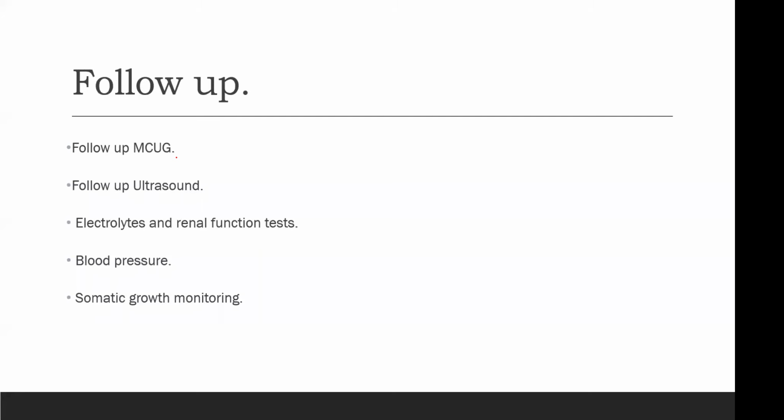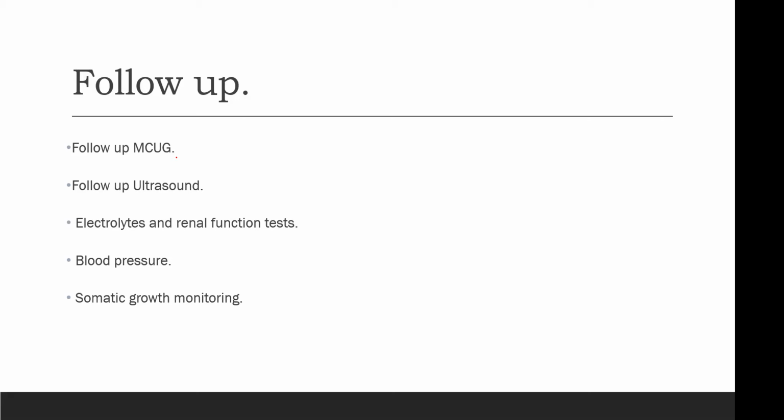So the follow-up for these patients is very important. You can follow them up with an MCUG just to assess the condition, if it's deteriorating or getting better, because doing the primary procedure doesn't guarantee that the patient is cured. The patient can still go into end-stage renal disease despite adequate primary management.